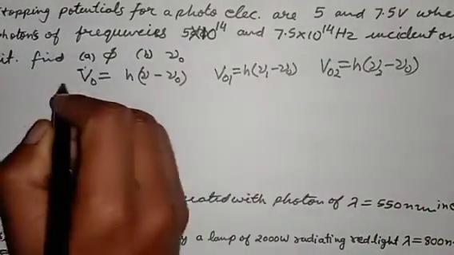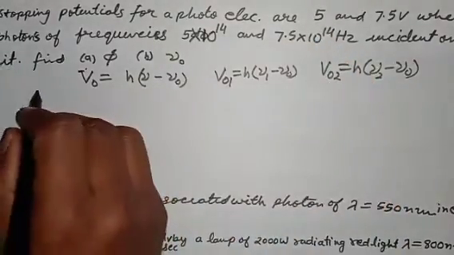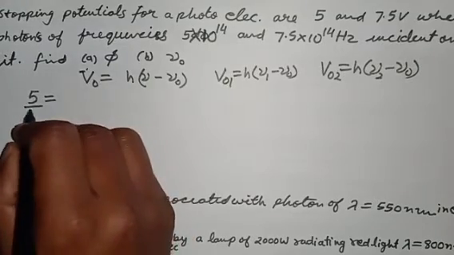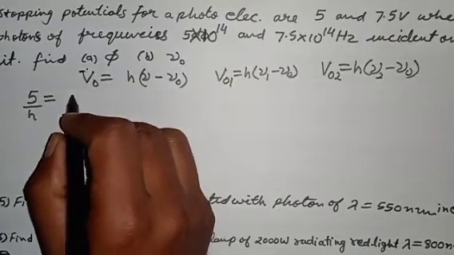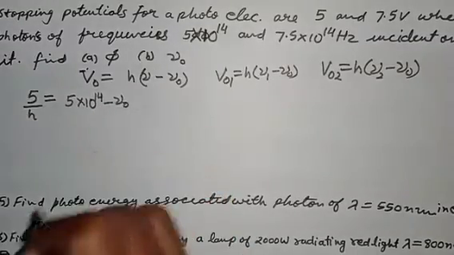So in the first equation, V naught 1, that is 5, is equal to h, in fact I am putting it here, and nu 1 is 5 into 10 to the power 14 minus nu naught.